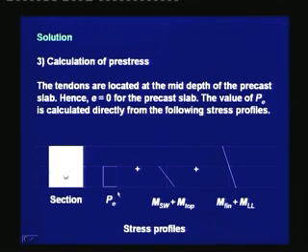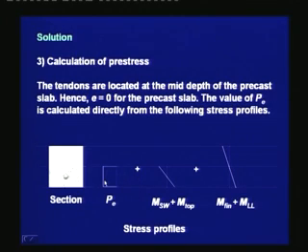We are calculating the prestress. Since the tendons are located at the mid depth of the precast slab, e is 0 for the precast slab. The value of PE is calculated directly from the following stress profiles.